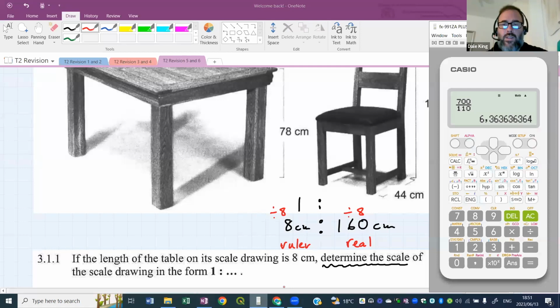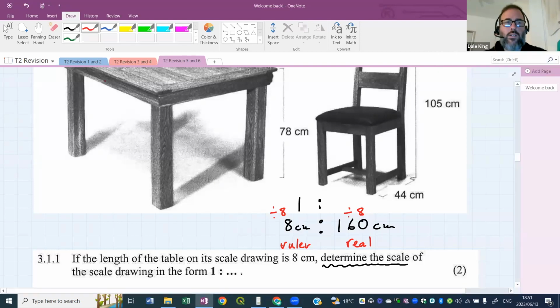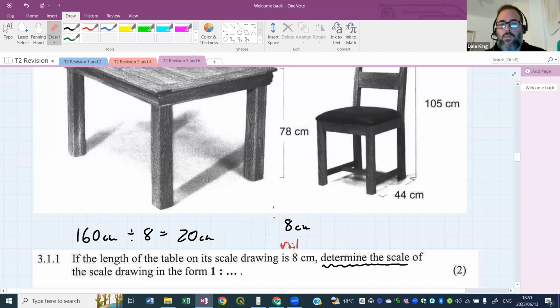Okay. So let's do that with a calculator. 160 divided by 8 is 20. All right. So the calculation you will do is you'll say 160 centimeters divided by 8 equals 20 centimeters. Okay. Then you've got to write out your scale. Okay.